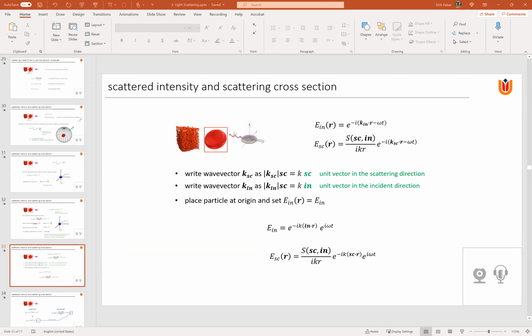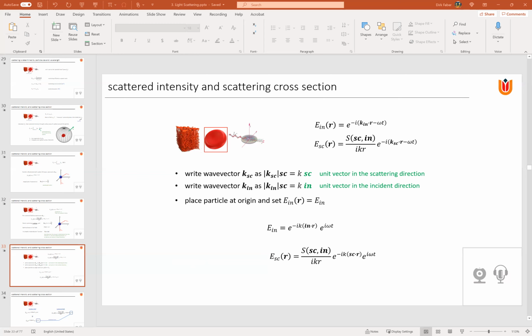So we can do a little bit of manipulation with these two expressions. Again, the assumption was for the incident intensity that it was just a plane wave that hit the particle. The second assumption was that we can write a general expression for the scattered field, and the third assumption is that it's in phase, so there is no color change and there is no time difference. So we can then manipulate that a little bit.